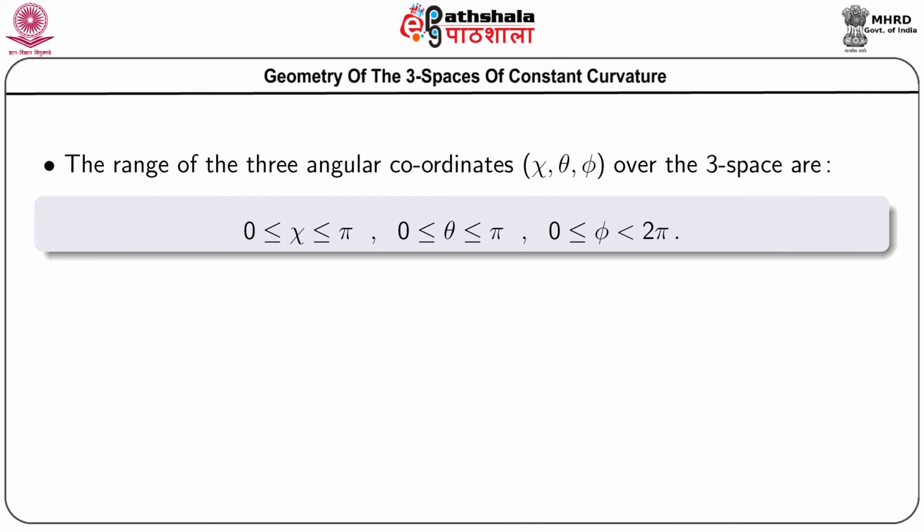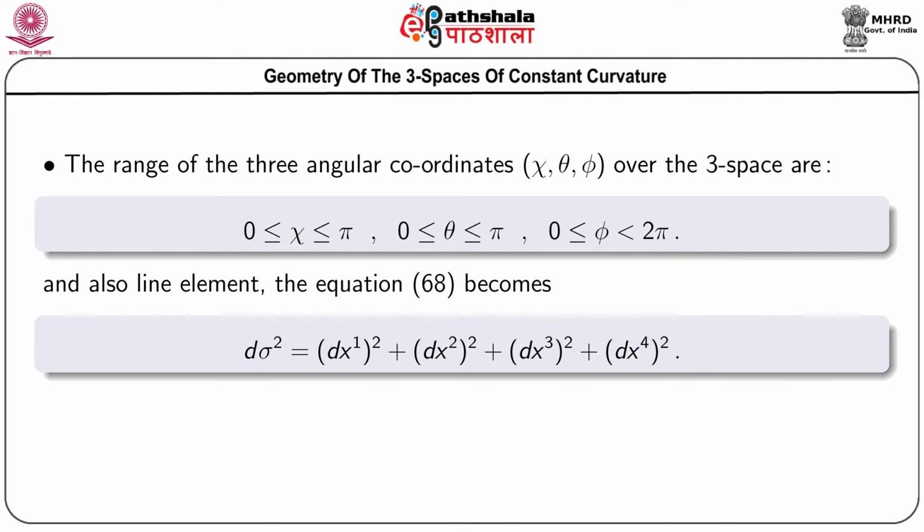Now, the ranges of the 3 angular coordinates χ, θ, φ over the 3 space are 0 less than or equal to χ less than or equal to π, 0 less than or equal to θ less than or equal to π, and 0 less than or equal to φ less than 2π. And also the line element becomes dσ² equals this, just as we have obtained earlier.